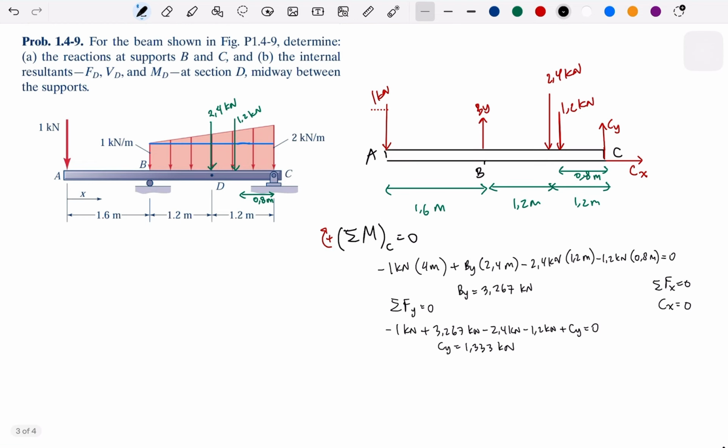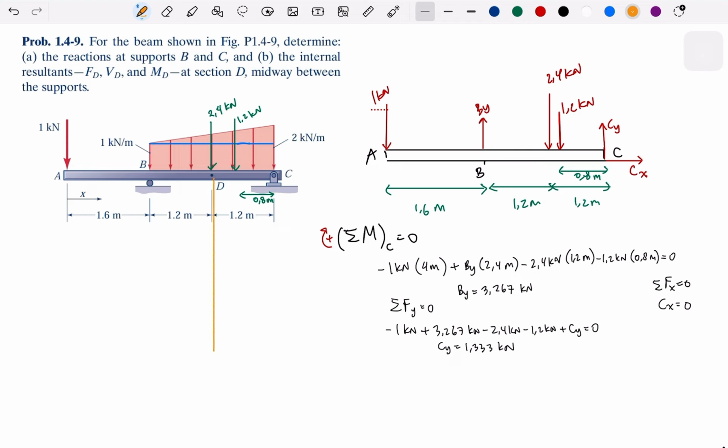Now what else? The question is the internal resultant at D. So FD, VD, and MD. For the internal resultant, we are going to cut at D. Okay, cut here. When that happens, let me use a different color.